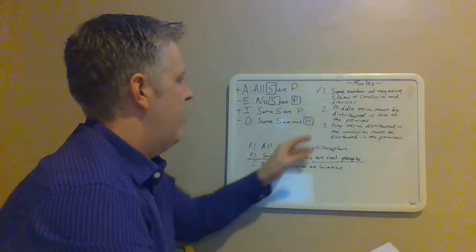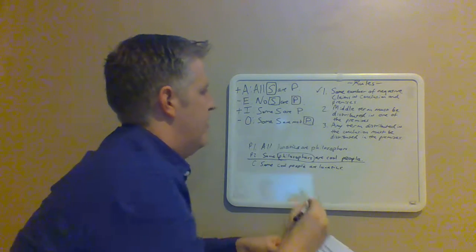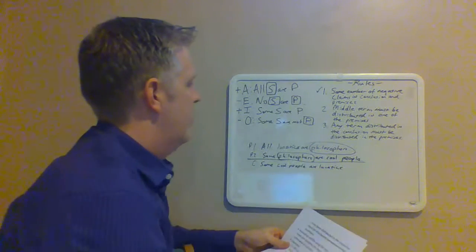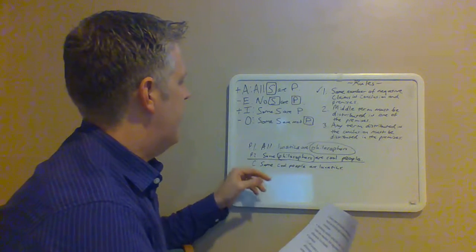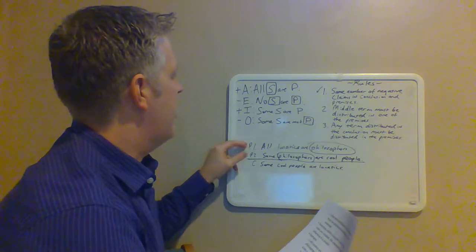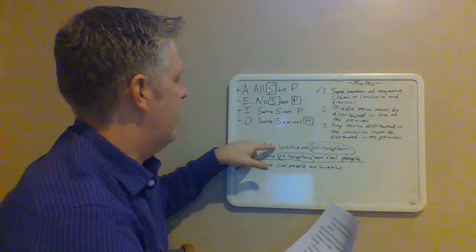Okay, the second rule, the middle term, which I already mentioned earlier, right? Philosophers in this example had better be distributed in one of the premises. Okay, so let's see if that's in fact the case. So the first premise, right, is an A claim, a standard form A claim. Now only the subject is considered distributed in an A claim.